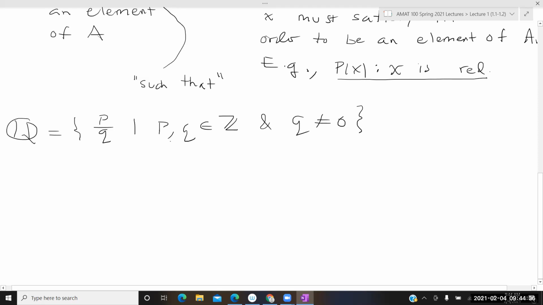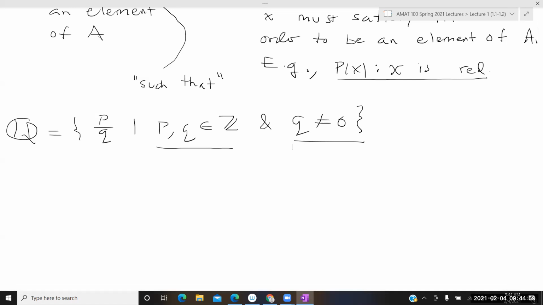In order for P over Q, this fraction, to be an element in Q, first of all, P and Q have to be integers, and Q has to be non-zero. You can't have division by 0. So this is just a concise way of defining the rational numbers.